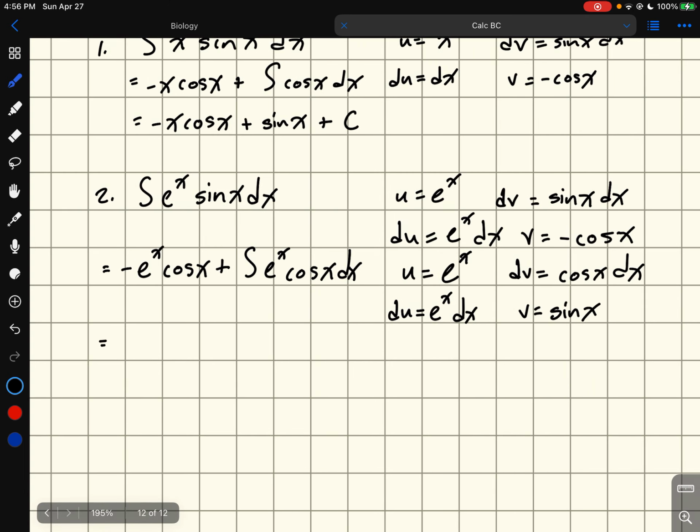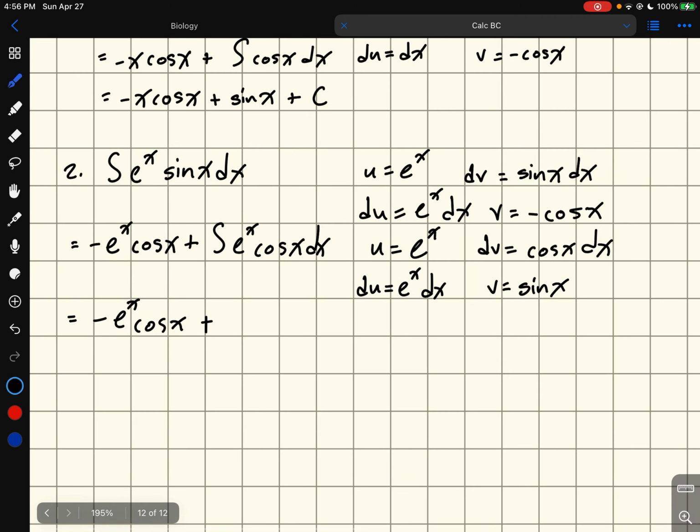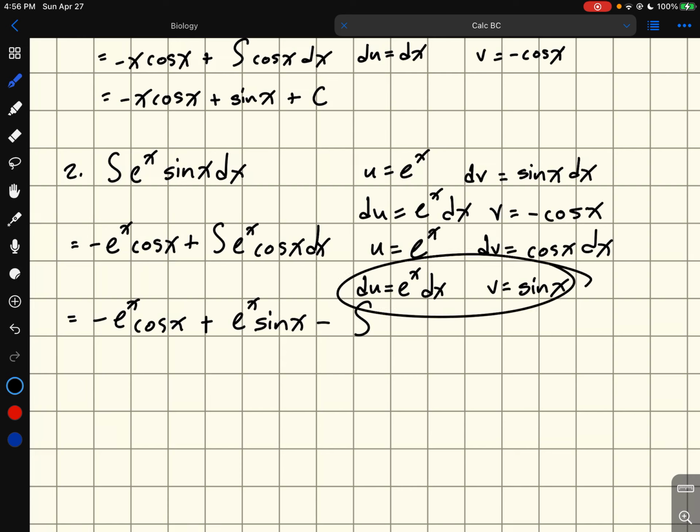So now we just fill it in again. So negative e to the x cosine x, that stays the same. And then we have our uv, so e to the x sine x, minus the integral of v du. So we have e to the x first, and then sine x, and then our dx from right there.